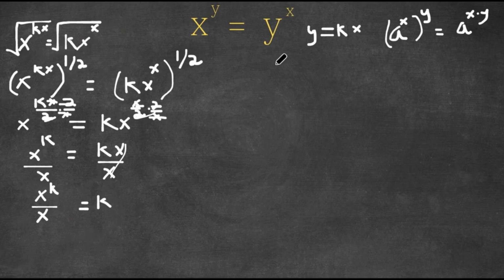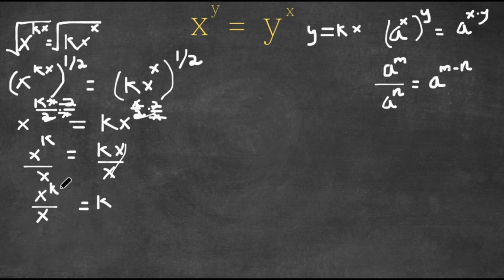Now, if we have a to the power of m over a to the power of n, so for dividing exponents, this is the same thing as a to the power of m minus n.